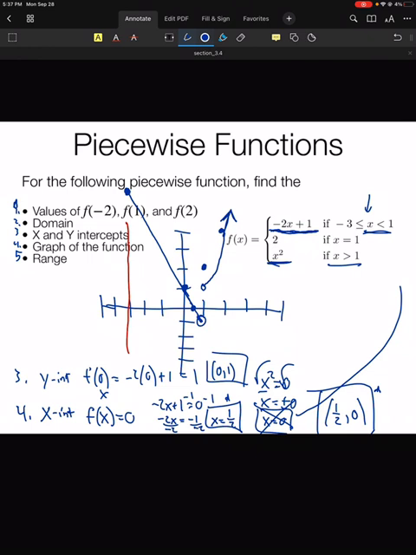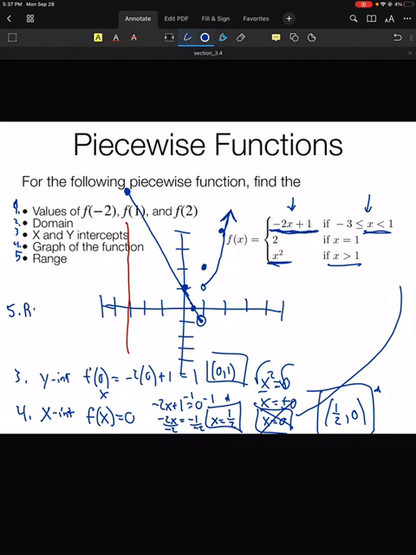If I substituted 1 into this equation here, I get -2 times 1 is -2, plus 1 is -1. So if that was included, we'd hit -1 there. That's the lowest point that we see on this axis.